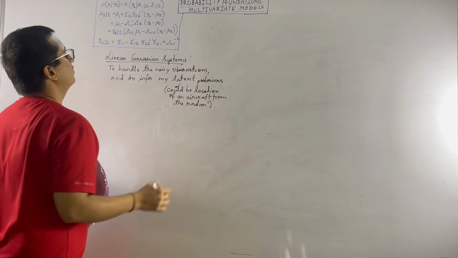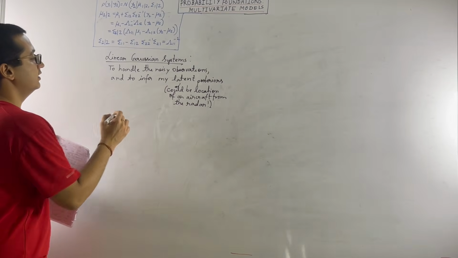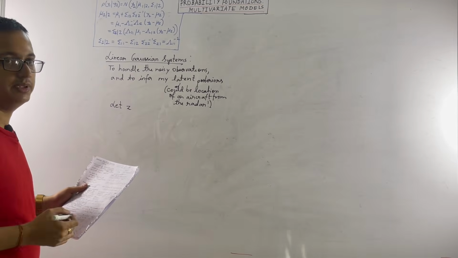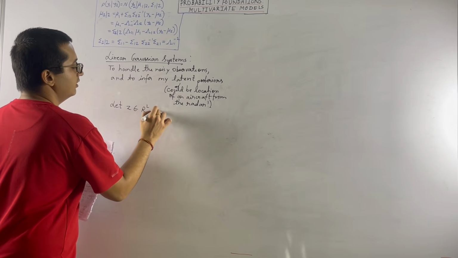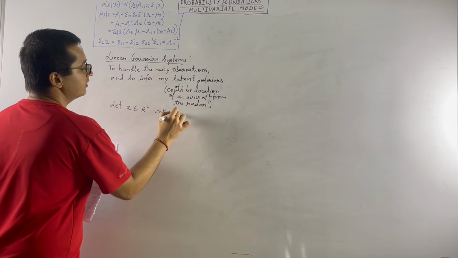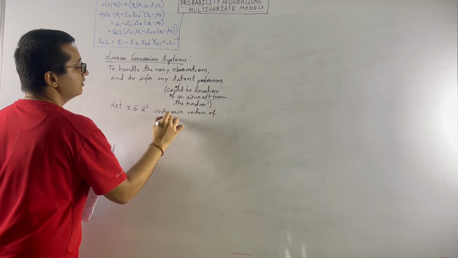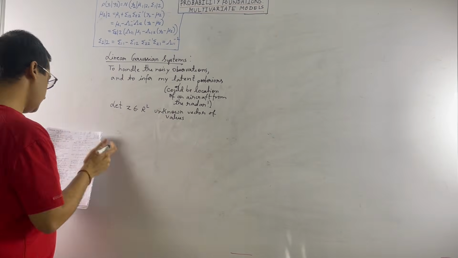Okay, so let's formalize it. Let us say that z is my latent vector. So this is my unknown vector of values that I'm interested in.